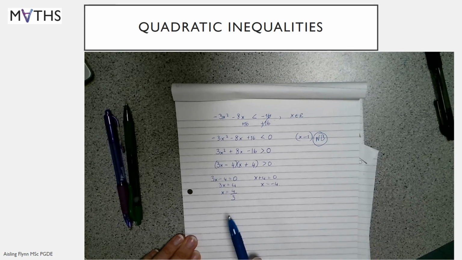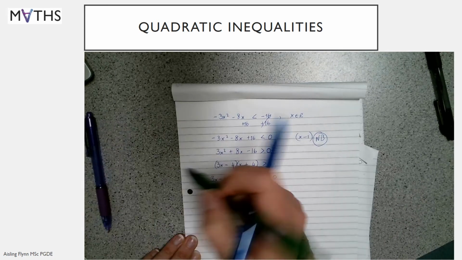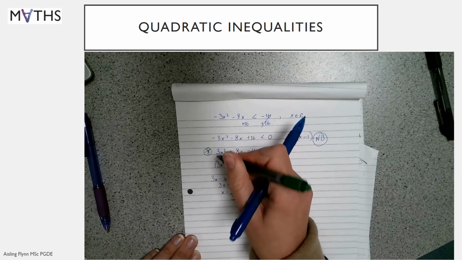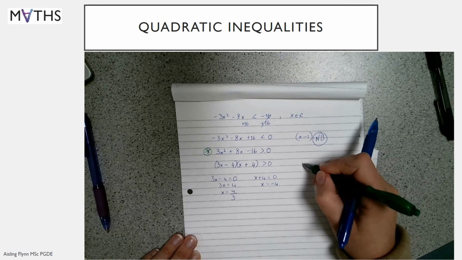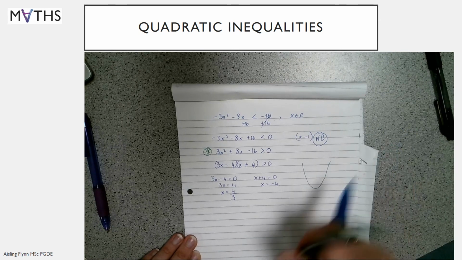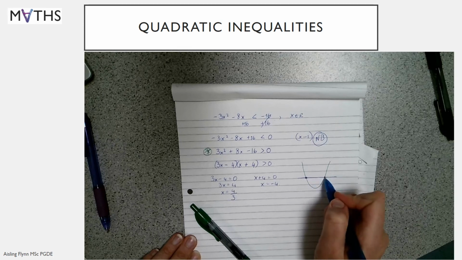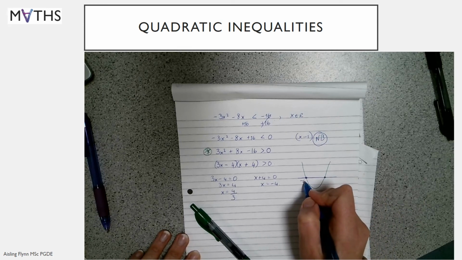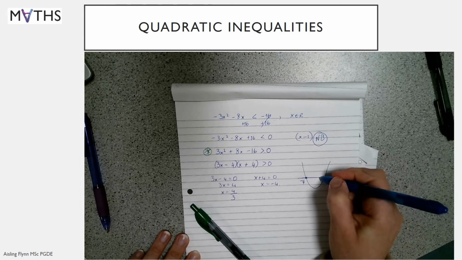The one we were solving is the positive 3x squared. So we base our answer on a positive x squared function, which is U-shaped. We found the roots to be minus 4 and plus 4 over 3. Okay, 0 is in there someplace.